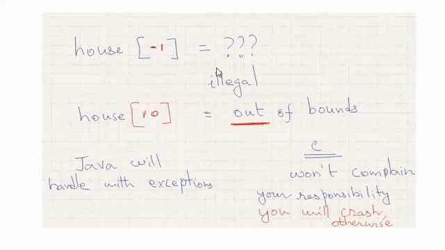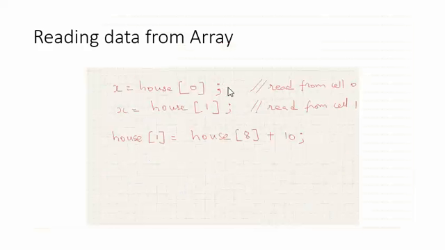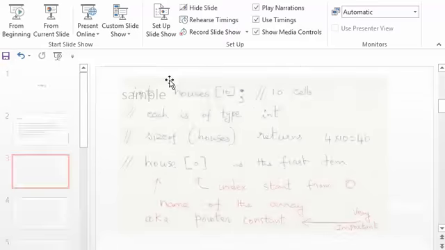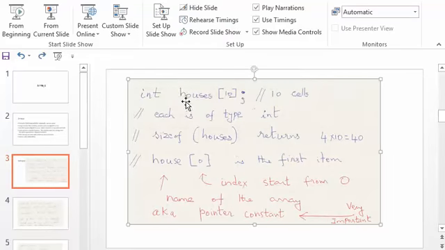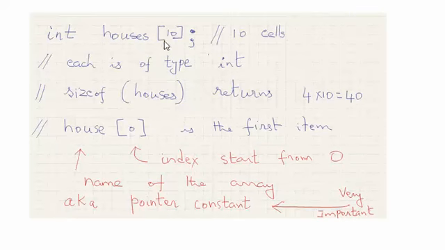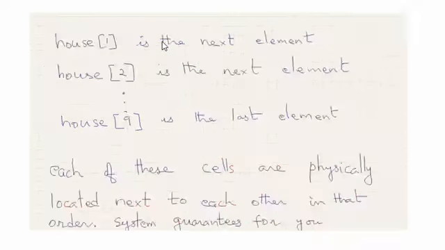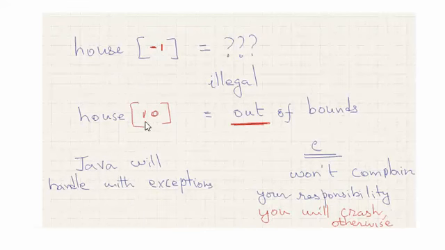So that is illegal. In our case, even though there are 10 cells, if you access the 11th item whose offset is 10, it's out of bounds. We only declared 10 cells, so why are we accessing the 11th element?